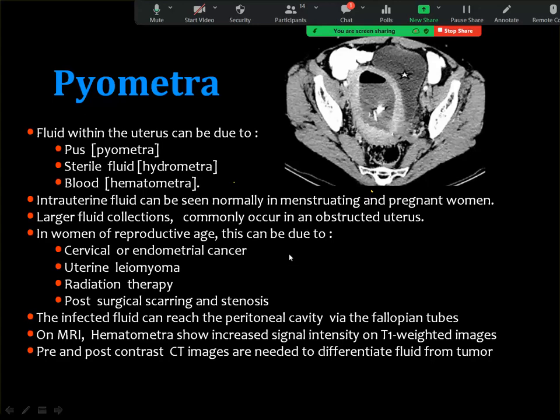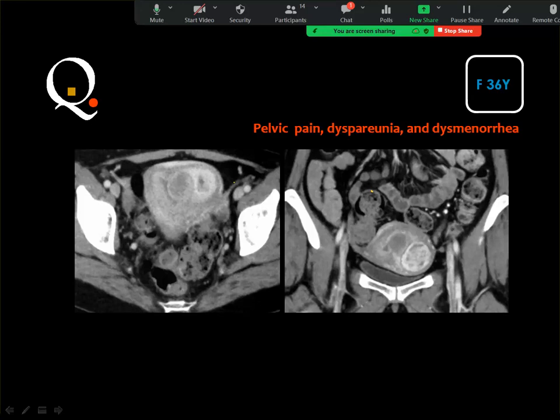And the fluid can be seen normally in menstruating and pregnant women, and larger collections may occur when the uterus is obstructed, like by cervical cancer or uterine leiomyoma or some sequelae of radiation or even post-surgical scarring. If the collection is infected, you get high CT density and also abnormal increased signal intensity.